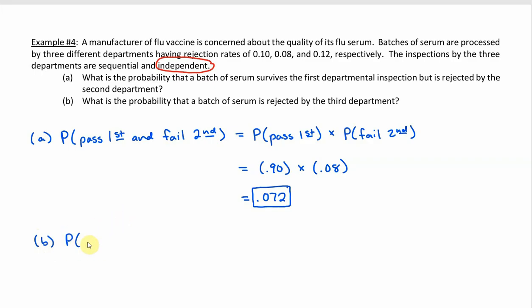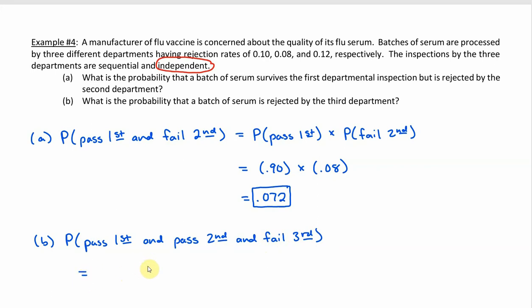So this would be the probability of pass first and pass second and fail third. And even though there are 3 events, this still works the same way. We know they're all independent.